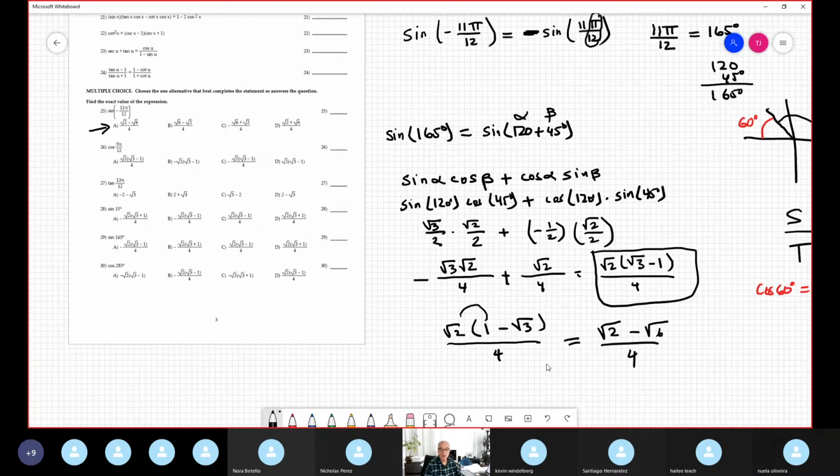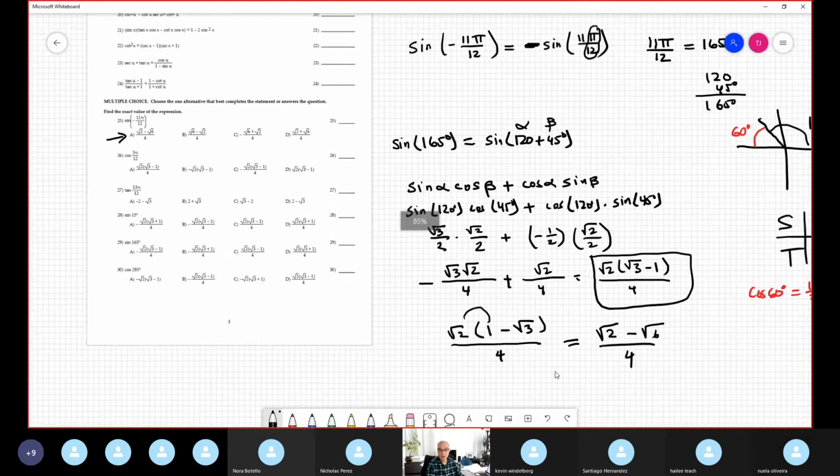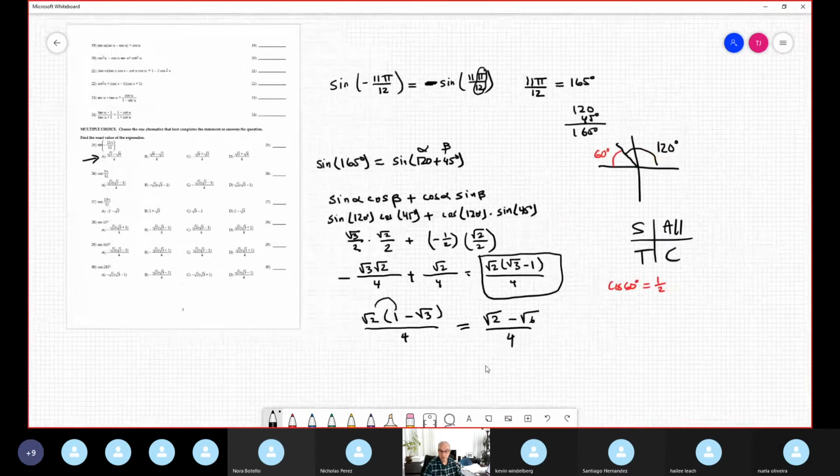Do you follow me? Yeah, I know there are too many details, so let me summarize everything. Number 1, apply the odd function property of sine: I remove the negative inside the argument and put it outside. Secondly, so you feel more comfortable with degrees, not radians, I recommend converting this angle to degrees, 165.